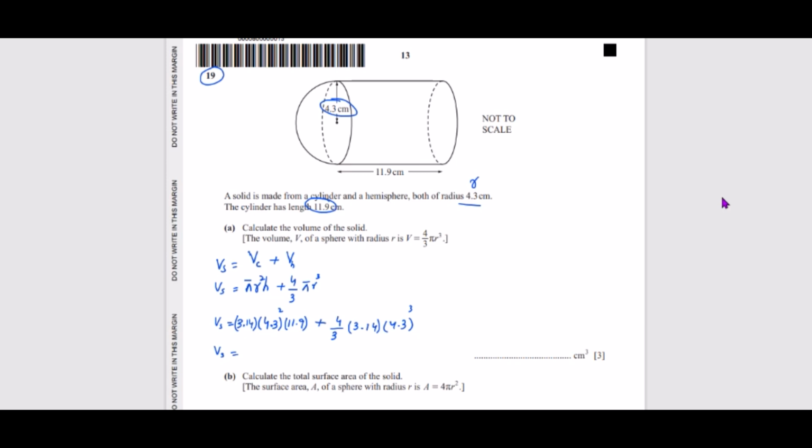So Vs, calculate these values, that is equal to 690.89 plus, calculate these values, we get 166.43. So sum of these values, we get 857.9 centimeter cube.